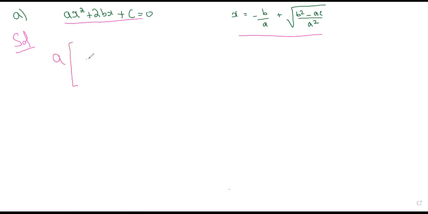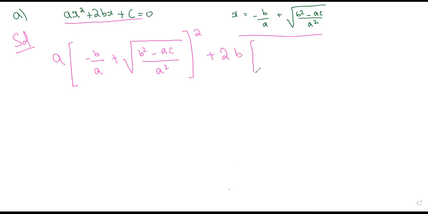Now I need to do it by minus B by A plus under the root B square minus AC over A squared, squared plus 2B.